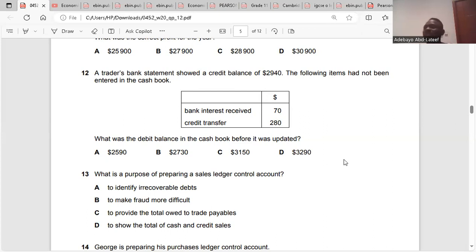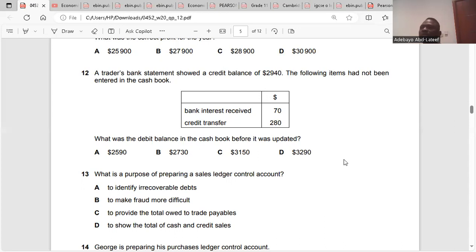And there is a credit transfer that was done to you that has not been recorded by you, but it has been recorded by your bank. So that means the supplier has paid you 280 and the bank has paid you 70 that has not been recorded by you. So these two are supposed to be on the debit side of your cash book, but they're not there. So you have to take it away from your bank statement figure. So the original figure you have in your cash book is 2,590.